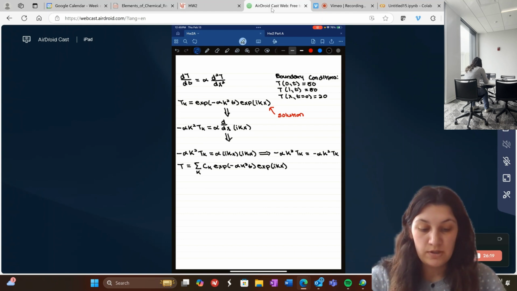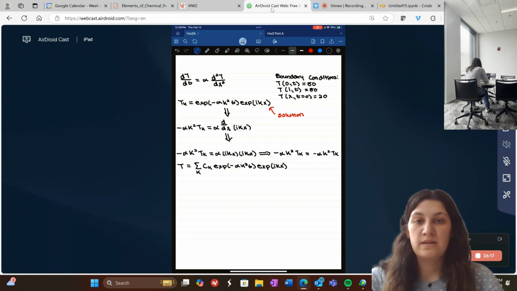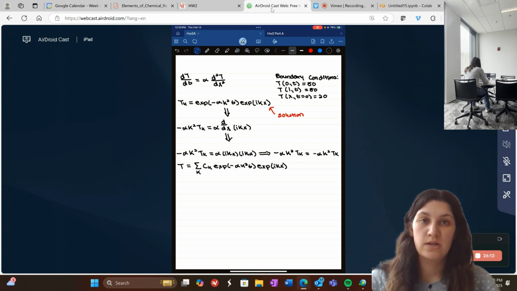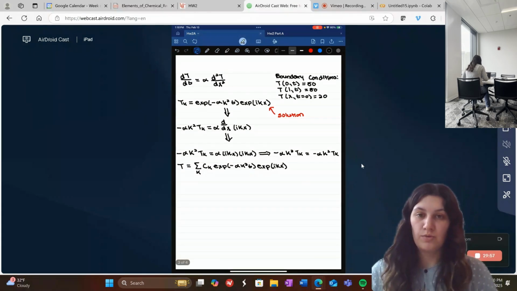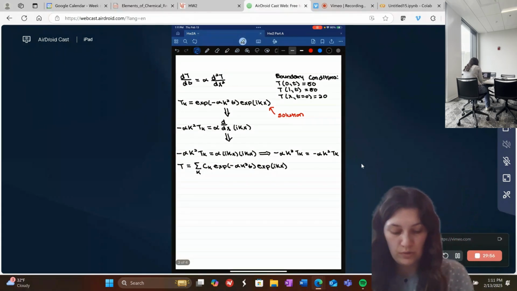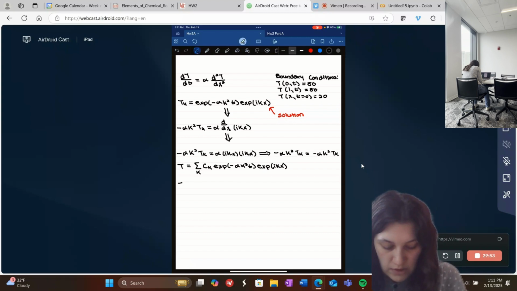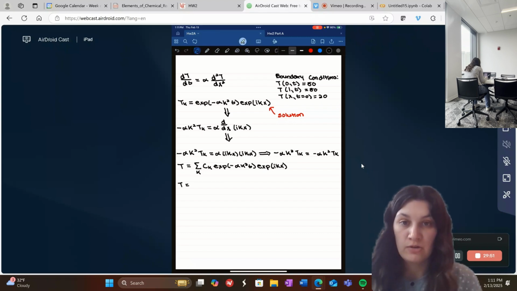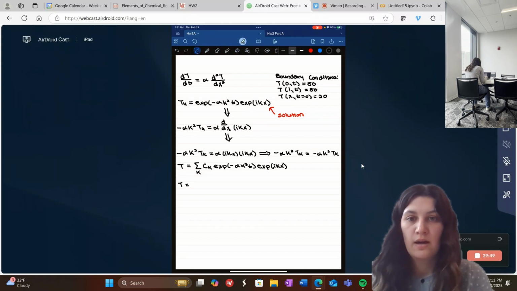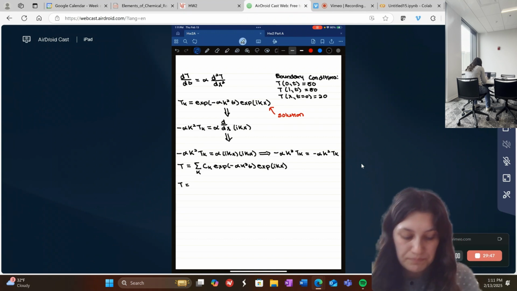Now what we want to do moving forward is to find constants that apply to the boundary conditions that we have established so far. Moving forward, we are going to write this equation out for just one particular value, even though we know that this is actually a summation.